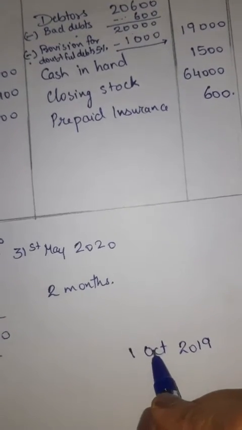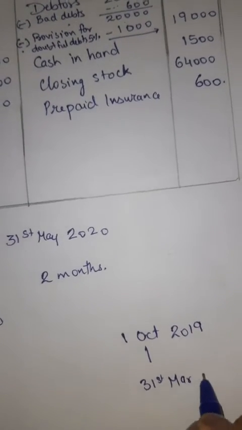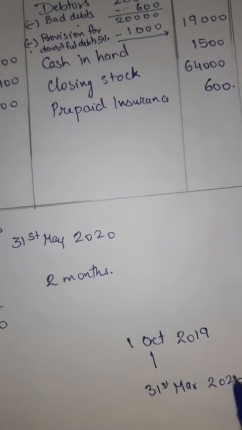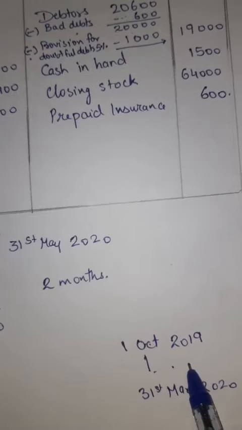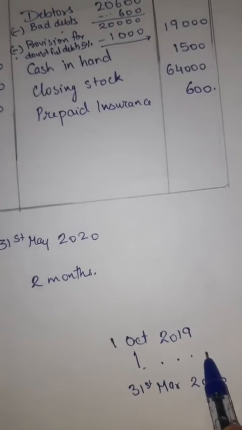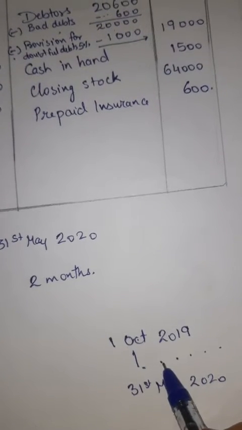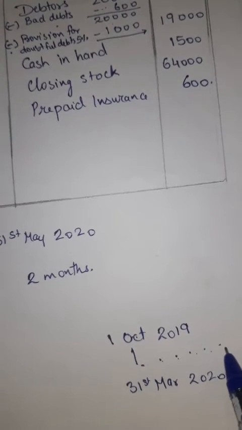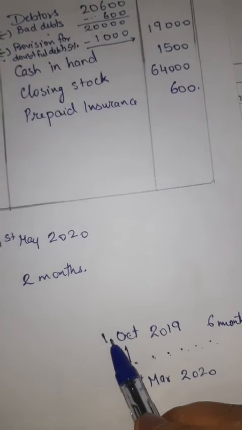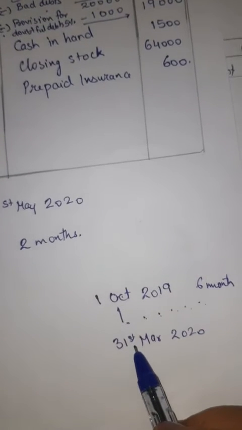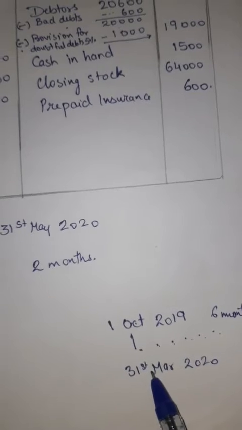So from 1st October to 31st March 2020, just count: October, November, December, January, February, March. So how many months? 1, 2, 3, 4, 5, 6. 6 months. This loan was taken on 1st October and we are closing our books of account on 31st March. So we have to calculate the interest on this loan.